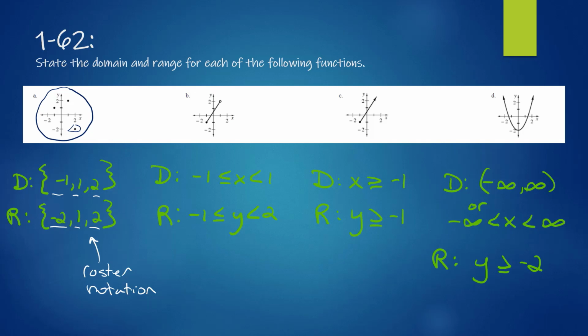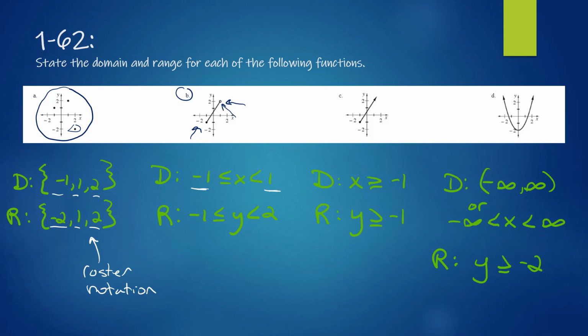On part B, it's a little different because we have an open circle here and a solid circle here. So I'm still looking for my lowest domain value, which is -1, and my highest, which is 1. But when it's an open circle, like at the top up here, I can't put x is less than or equal to 1.